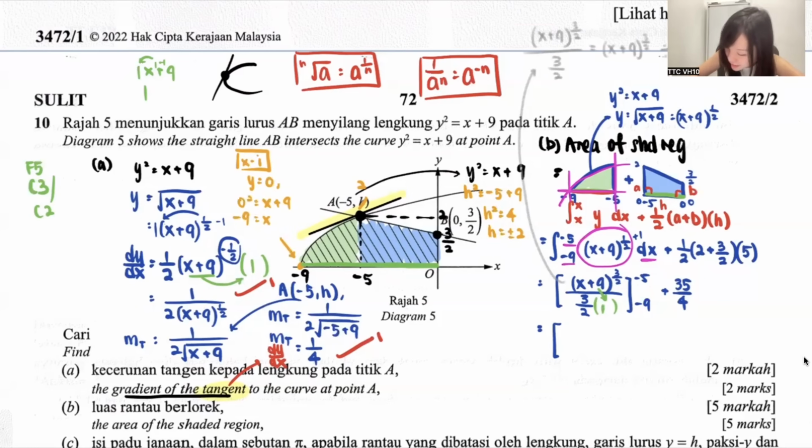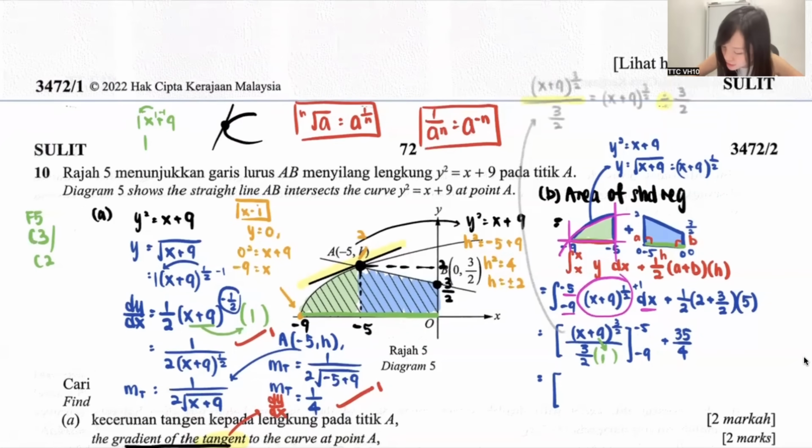This is a divide, this is also a divide, same thing, right? Primary school divide is a good thing because they can become times. They become times when you flip these two upside down. So if you flip them upside down, they become 2 over 3, x plus 9 power 3 over 2. For those who know, you can straight away write it down like that. For those who don't know, I hope my explanations helped.